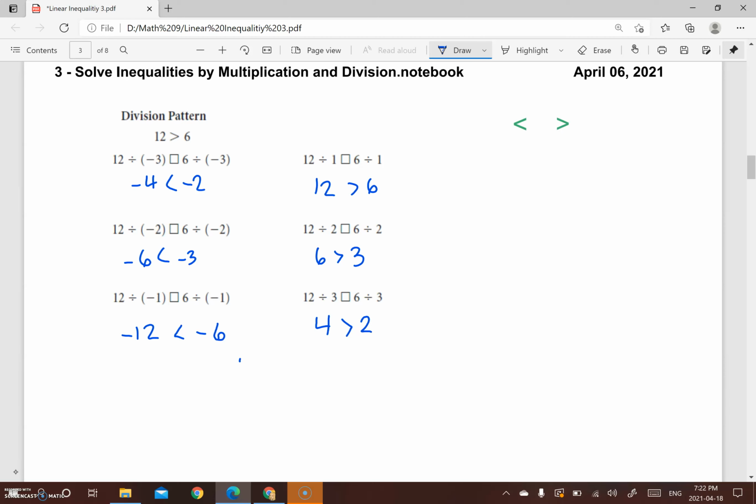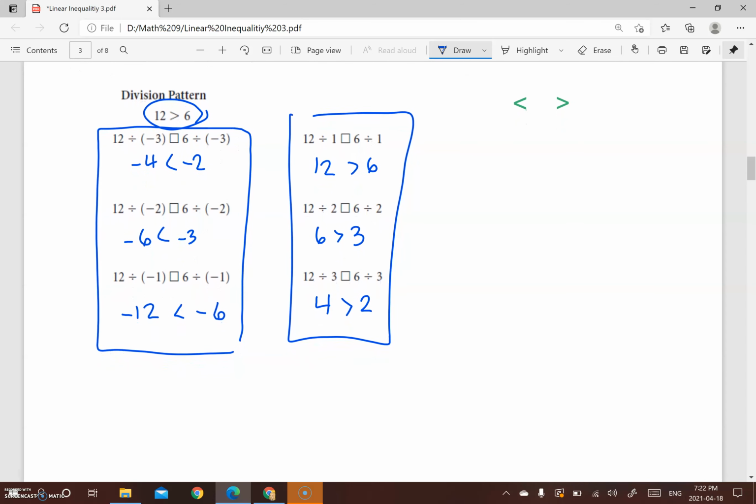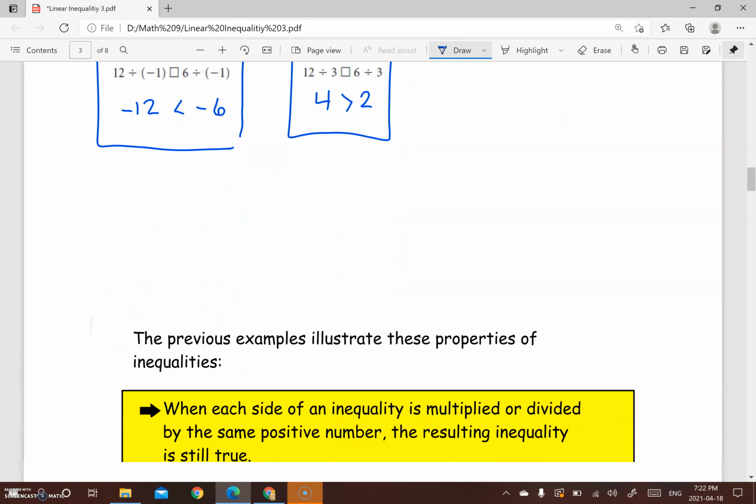All right, so that first left column is when I divided by negative, and the right column is when I divided by positive. Here is my original. Once again, when I divided by negative, my sign flipped. And when I divided by positive, the sign stayed the same. So in order to make that statement true, I had to flip the sign when I divided by a negative. It stayed the same when I divided by a positive.